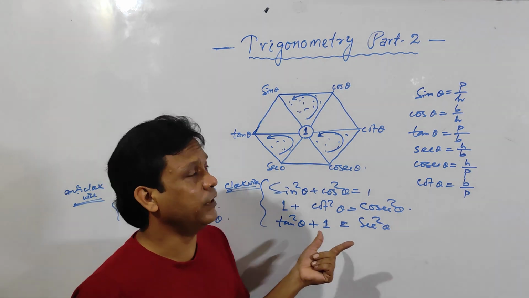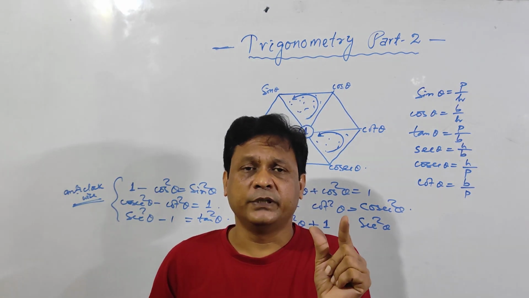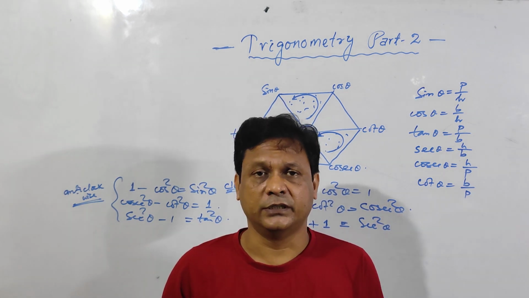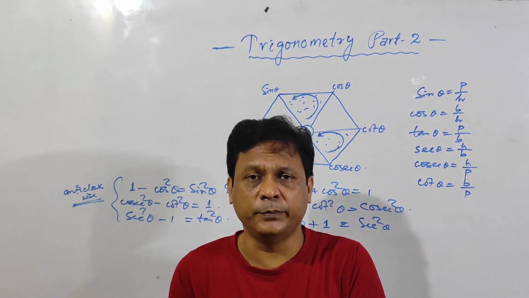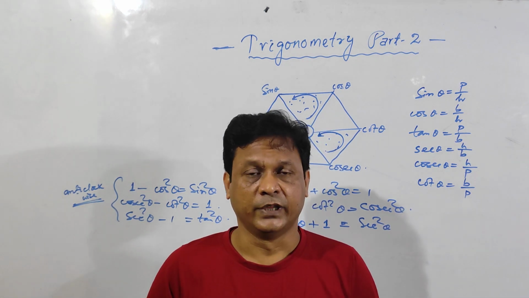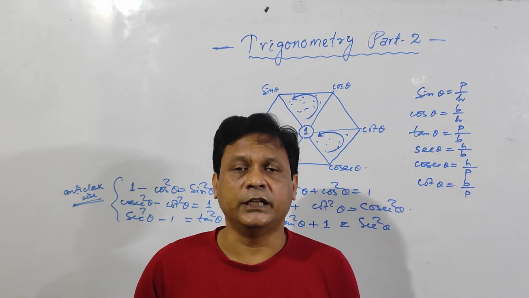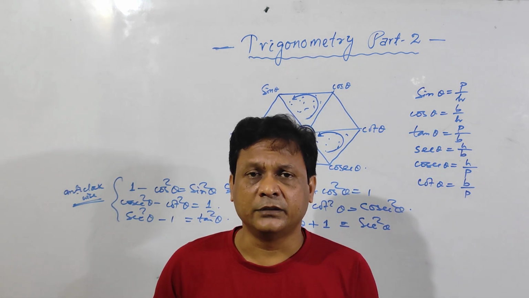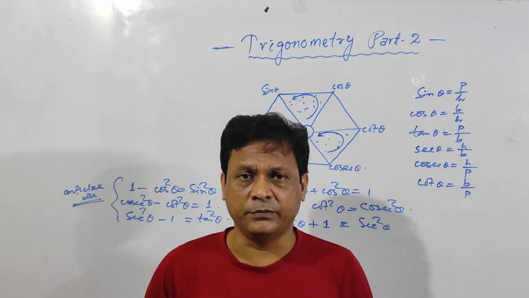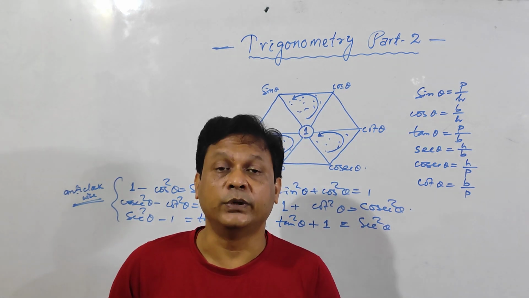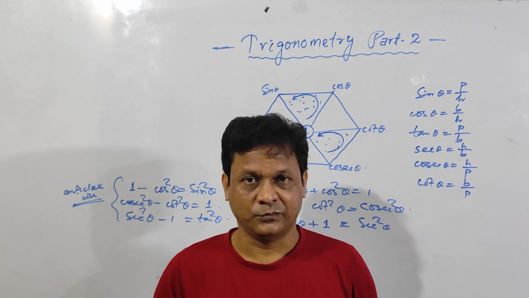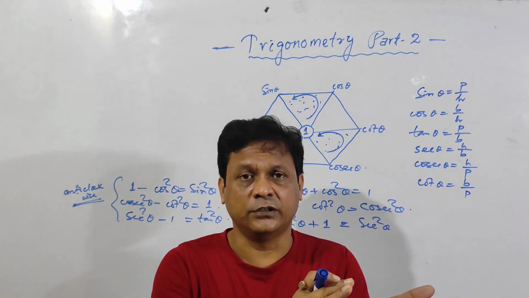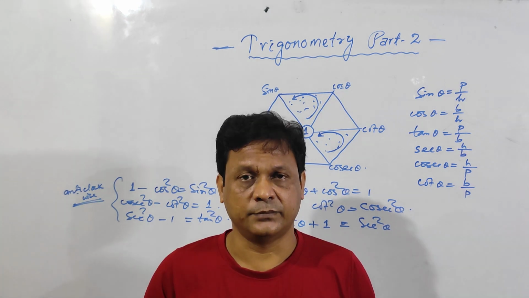And in my next video, I am going to tell you, if sin theta is given, how to find out tan theta, sec theta, cosec theta, cot theta. Or if any one value is given, how to find out the other values. And whether an angle, that means tan 45 or tan 120 or tan 1155 or sine of anything, whether that value is positive or negative, and how to convert it to acute angles.